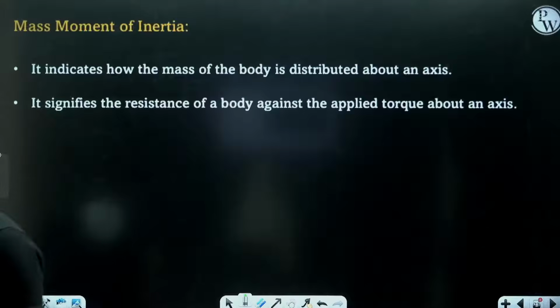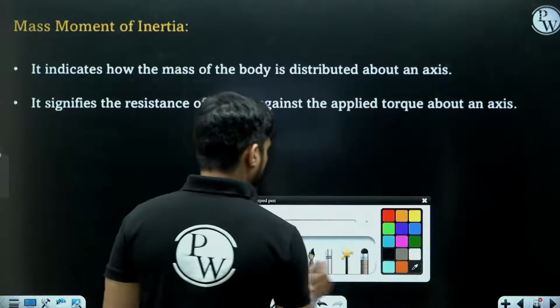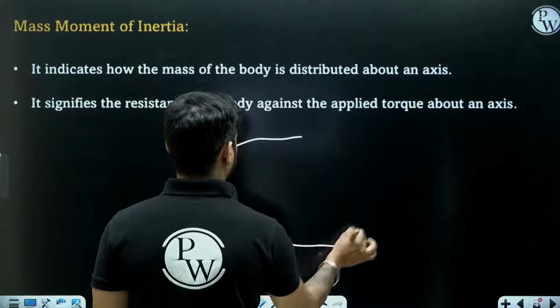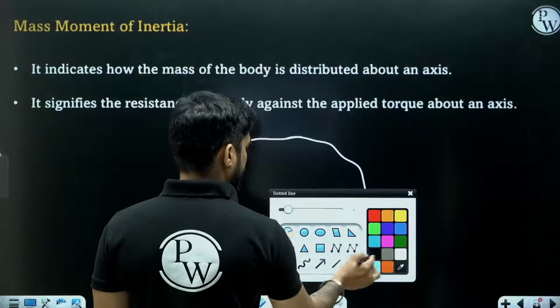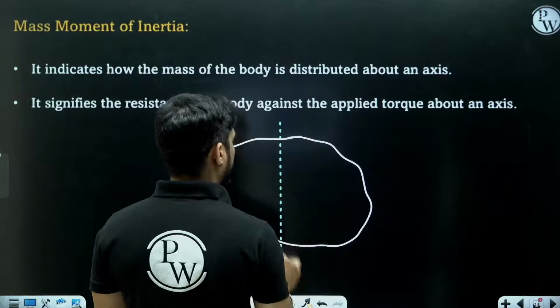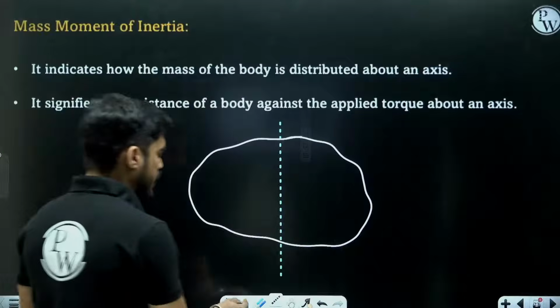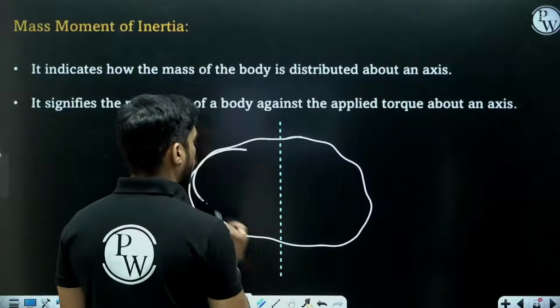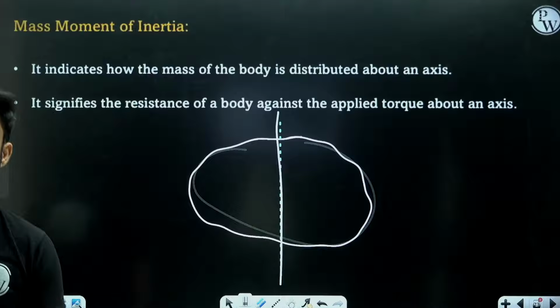So what exactly is mass moment of inertia? See, when you consider a body which is rotating about a particular axis, the mass moment of inertia is how the mass of this body is distributed from this axis.